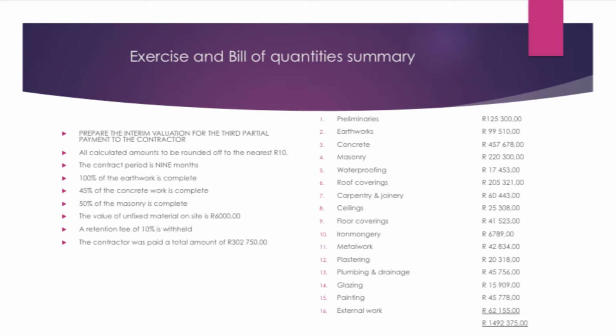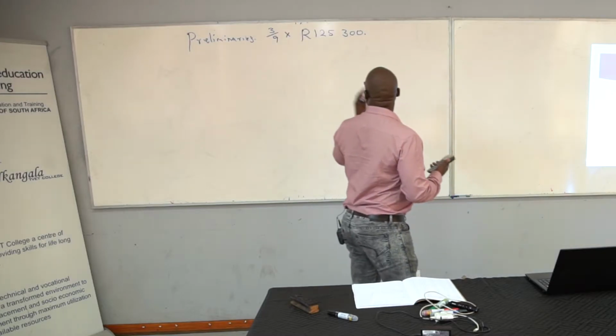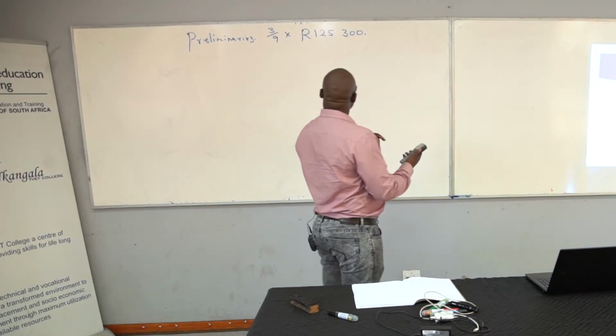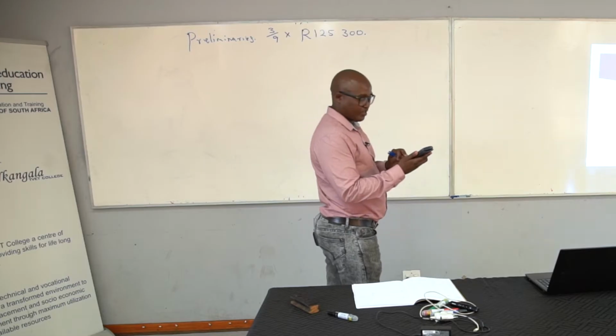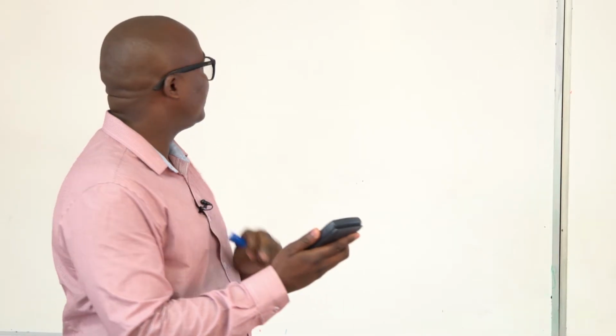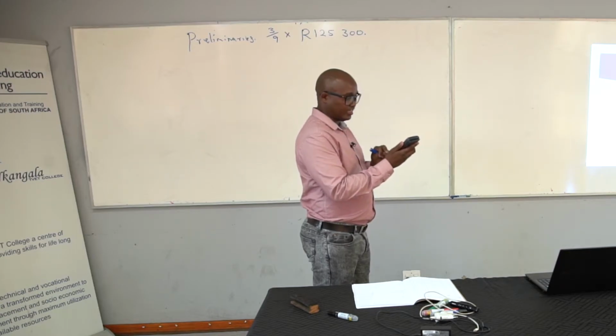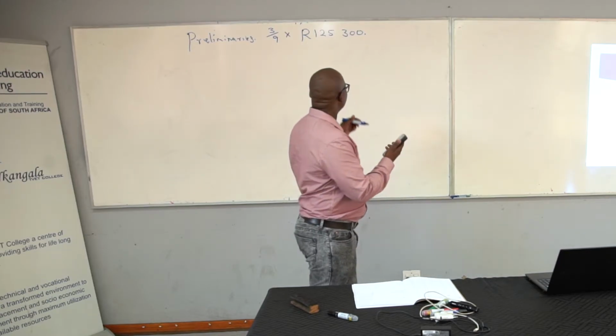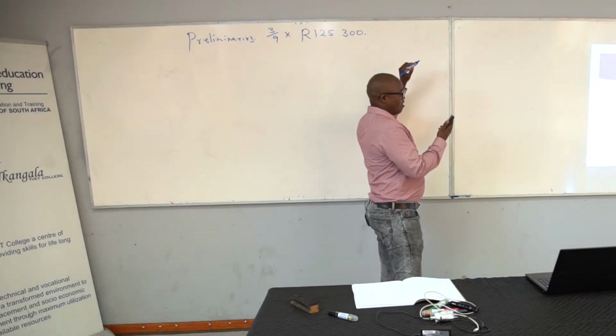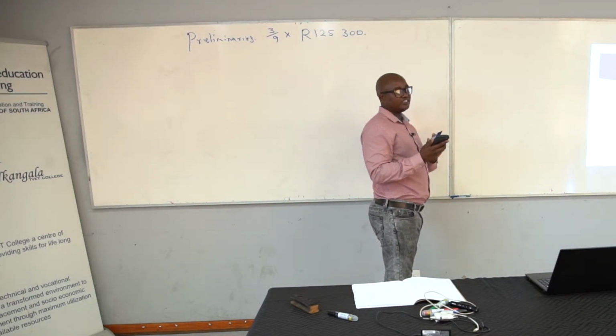125,300. We will have to use the calculator on this one. So for us to get the correct amount for the third month, we will say 3 divided by 9 months is equal to, and we multiply that by 125,300, and it gives us 41,766.66.